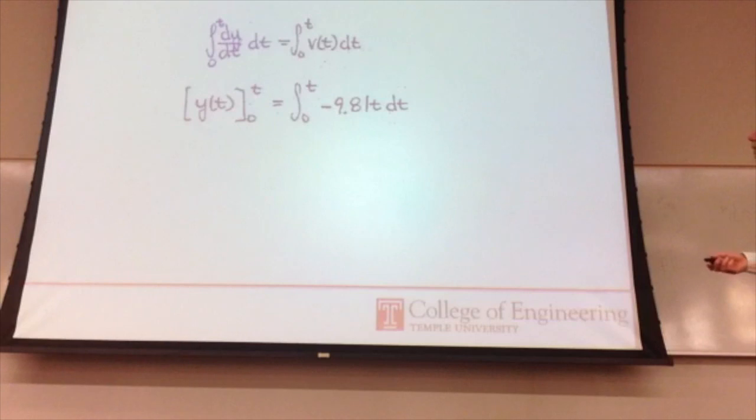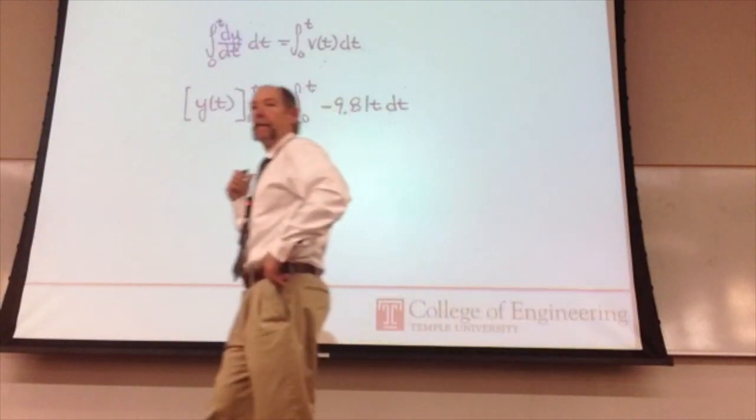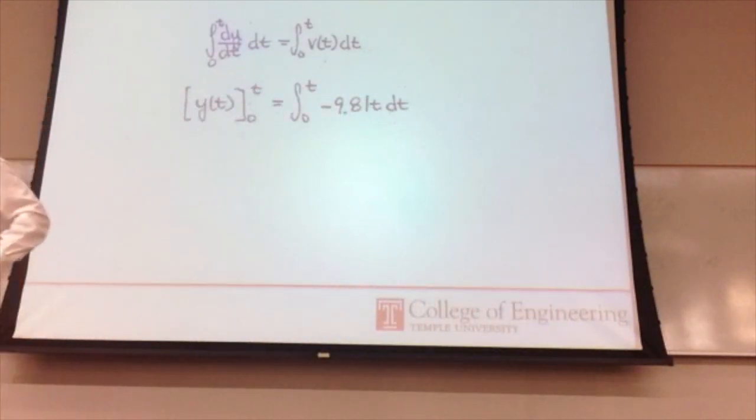All right. So this integral, minus 9.81 times t, what's the integral of minus 9.81 times t? So it would be 9.81 divided by 2 times t squared? Yes, exactly. And then we're going to evaluate that from 0 to t.